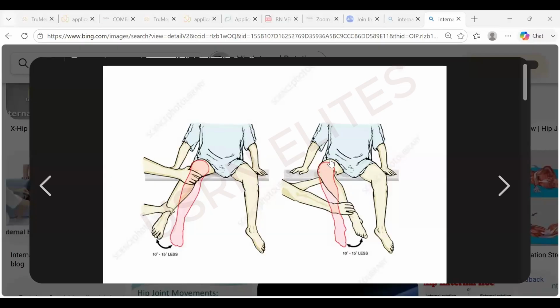So if there's internal rotation, or internal dislocation, what happened to the joint? The joint will move out of the socket and point towards posteriorly. You understand, please?